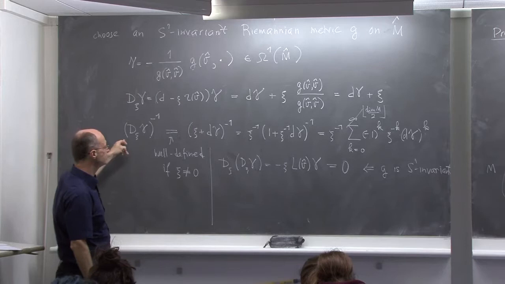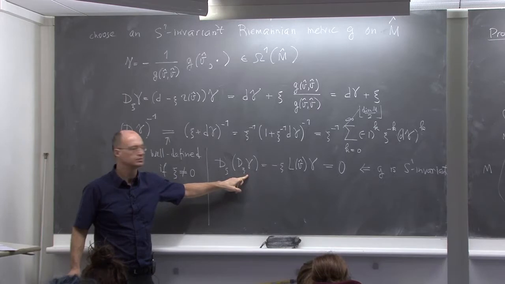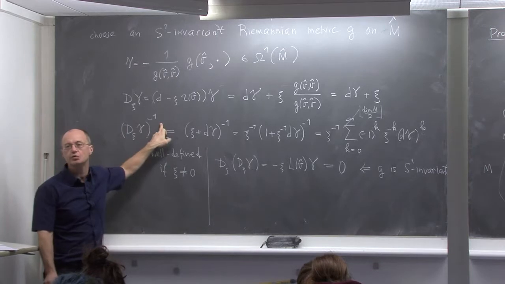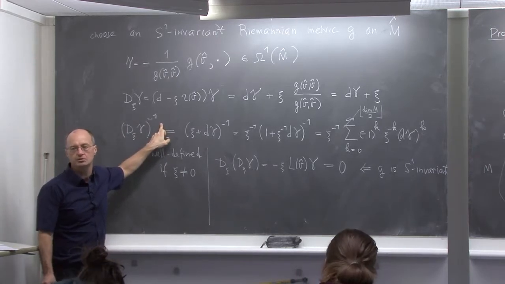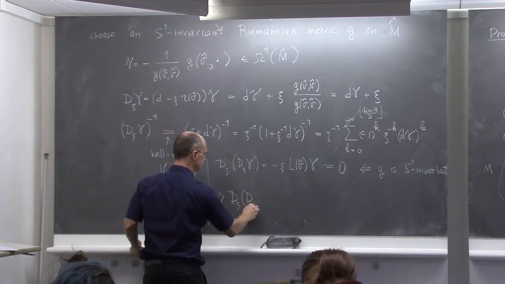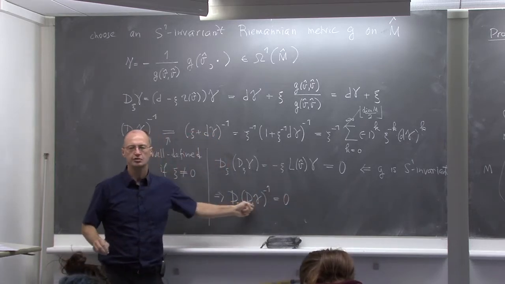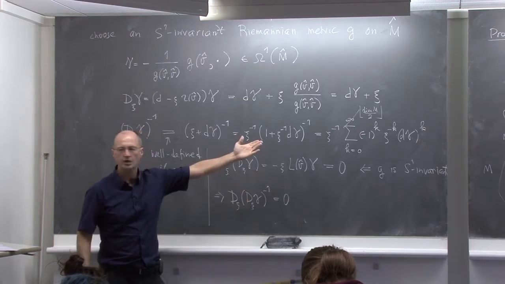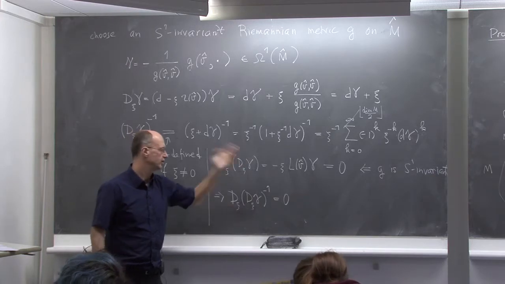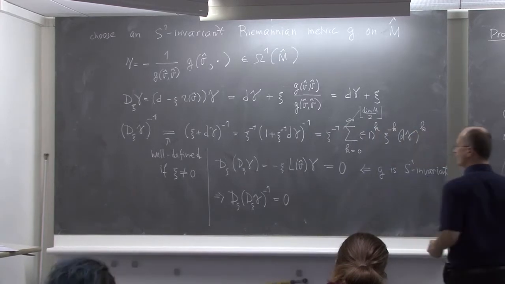Now I'll leave you as an exercise to show that if d_ψ of d_ψ γ is 0, this implies that d_ψ of (d_ψ γ)^(-1) will also be 0. So usually we don't invert differential forms. But now we have a tool to do it. So this guy is well defined, and then all the normal calculus rules apply.